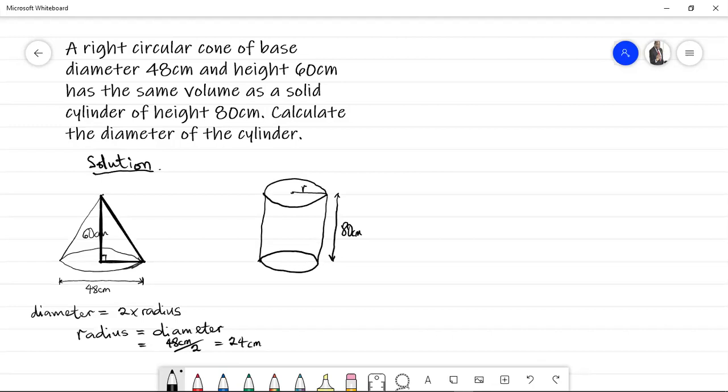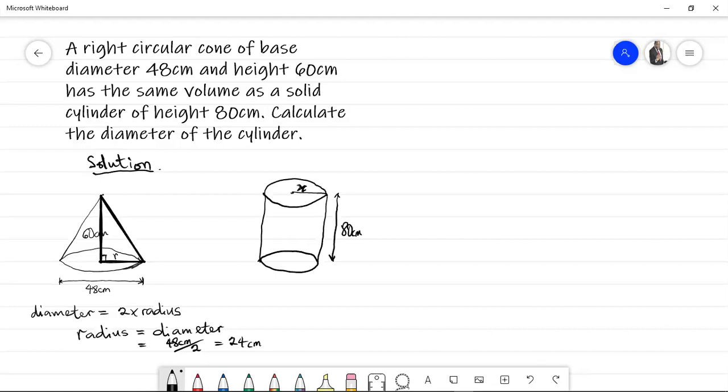So, for simplicity, so that we can differentiate between the radius of the cone and that of the cylinder, let's call the radius of the cylinder x. Then we know what we're looking for.